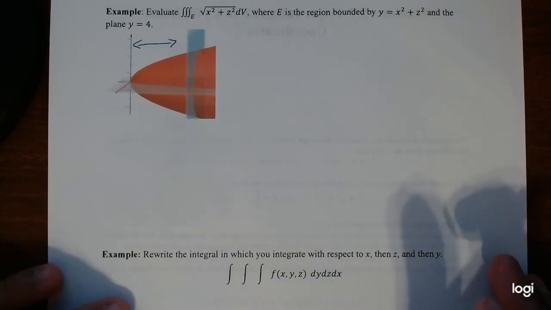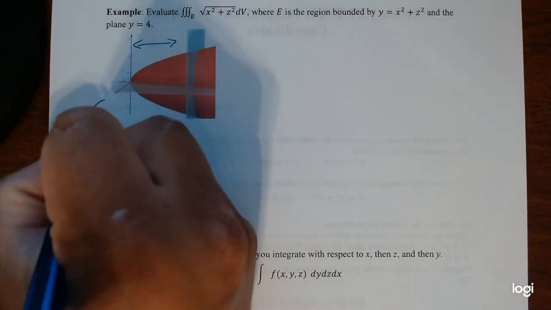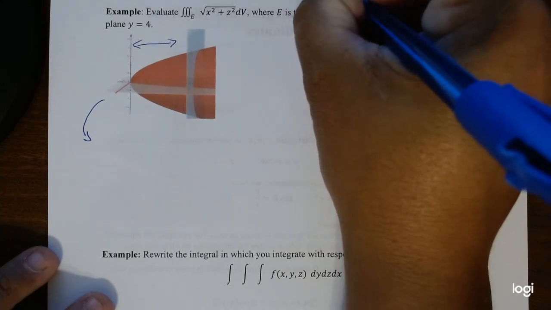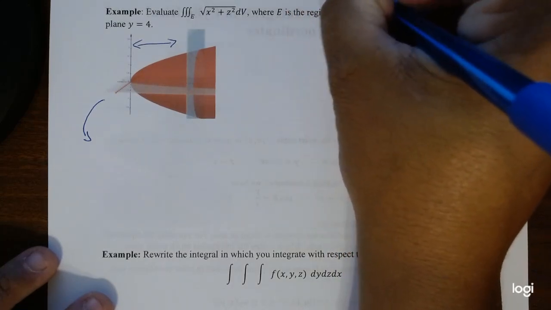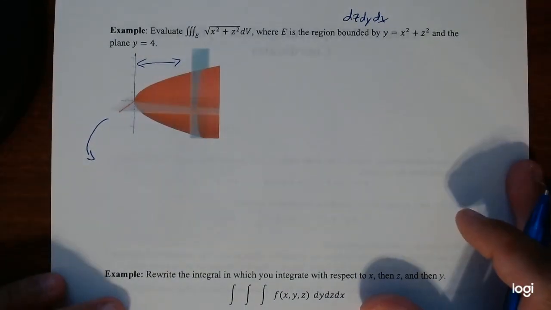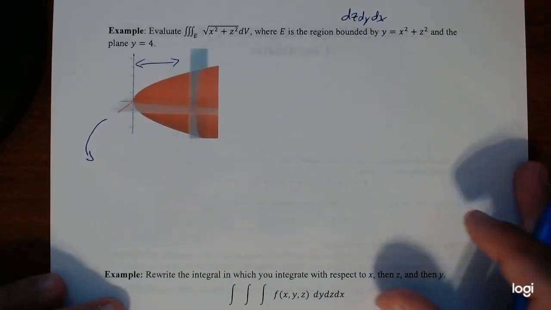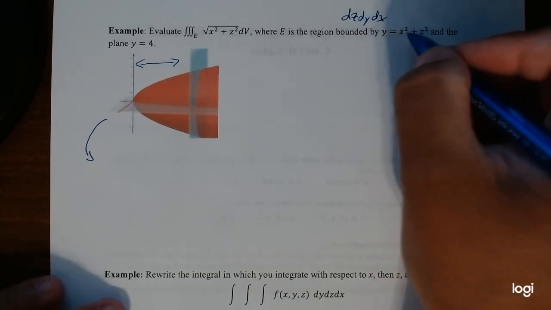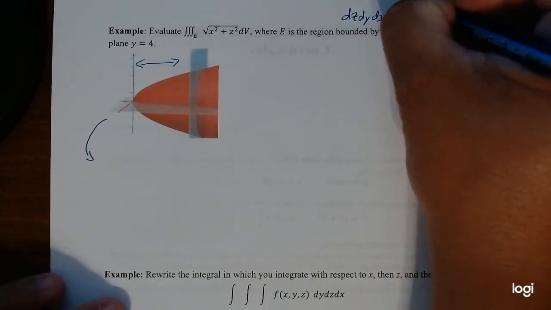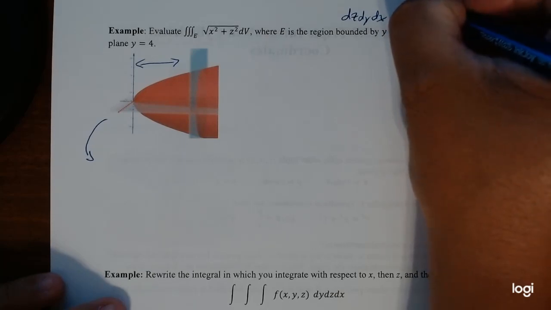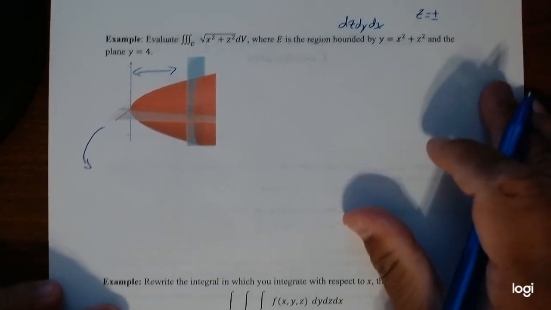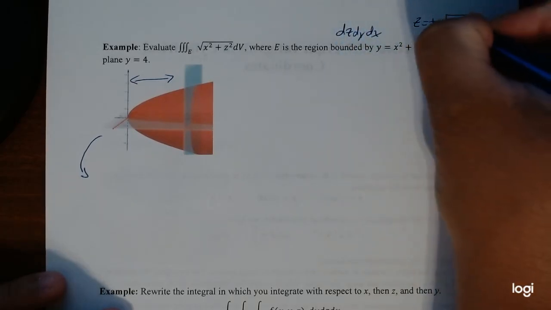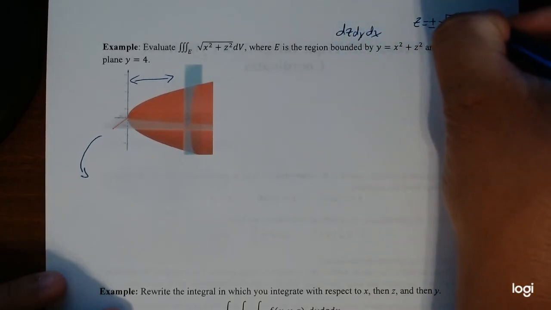Okay. So let's see what's going on. So if we want to do, for example, like we did last time, z, y, and then x. Okay, so in that case, I have to solve for z here. So z is equal to plus or minus the square root of y minus x squared.